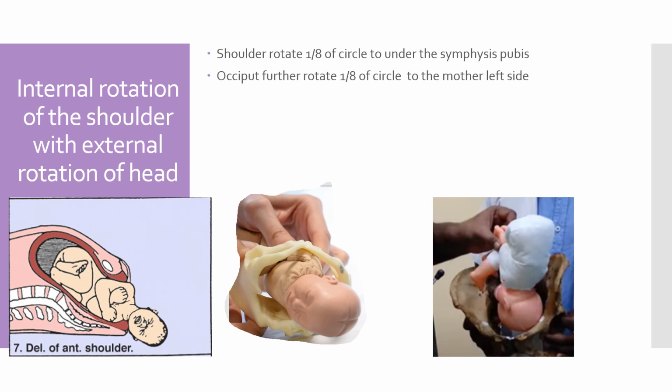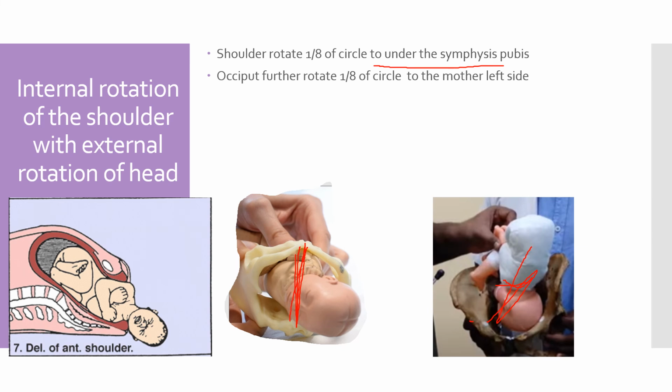See, this shoulder is rotating to the AP diameter. The shoulder rotates 1/8 of the circle, and under the symphysis pubis it comes to the AP diameter, from the left oblique diameter to the AP diameter.